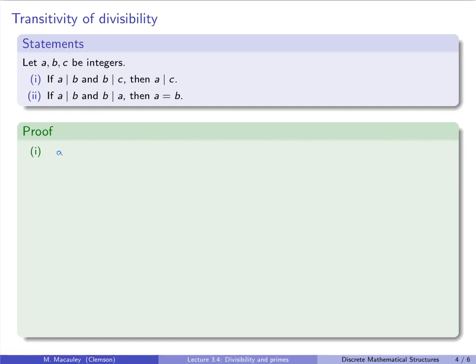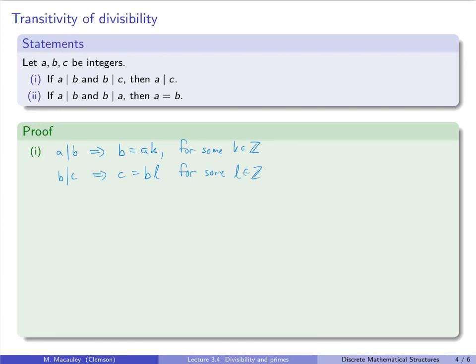Okay, so if a divides b, then that means that b equals a times k for some integer k. Similarly, if b divides c, then that means that c equals b times l for some integer l.